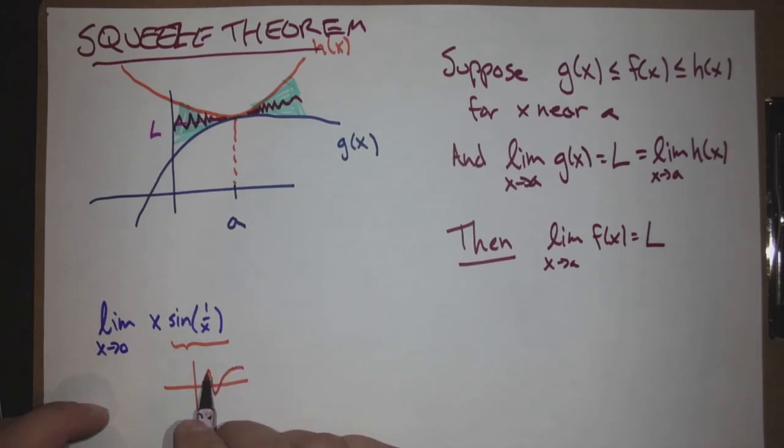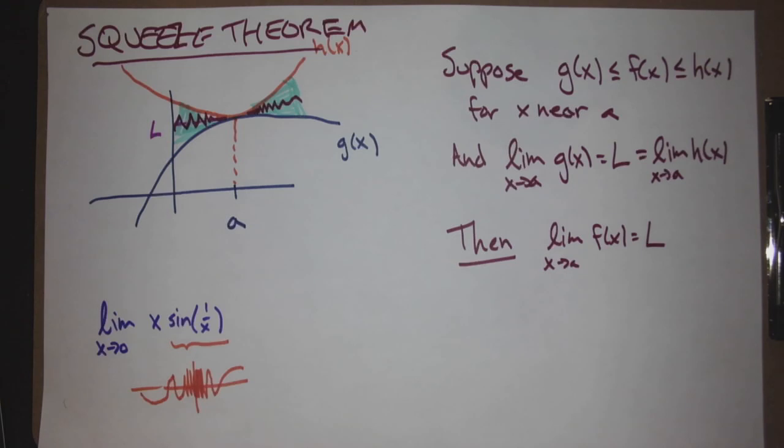It's not an asymptote. It was doing this, where it was oscillating up and down infinitely often near 0. So the sine 1 over x, that was the case where the limit as x went to 0 did not exist.